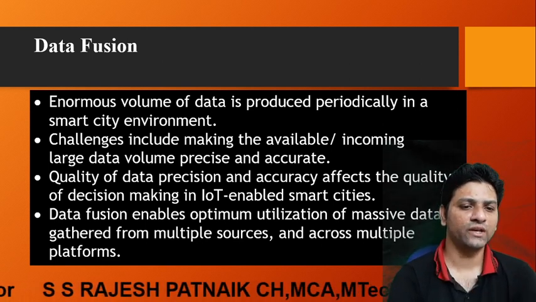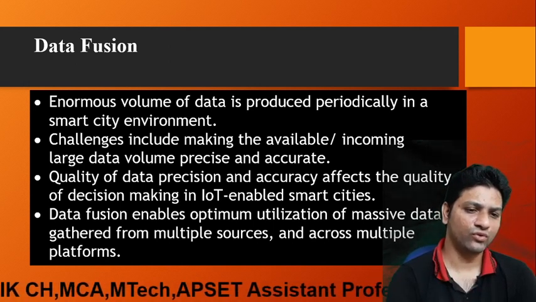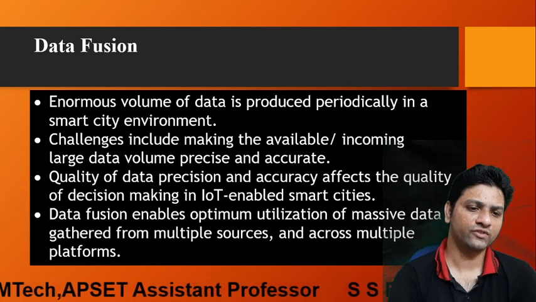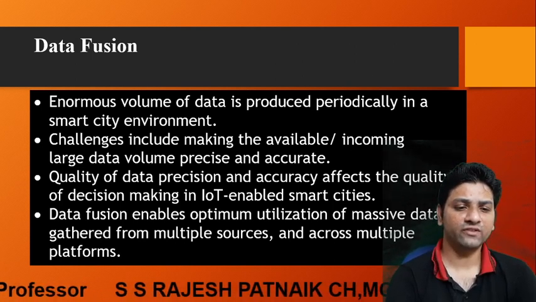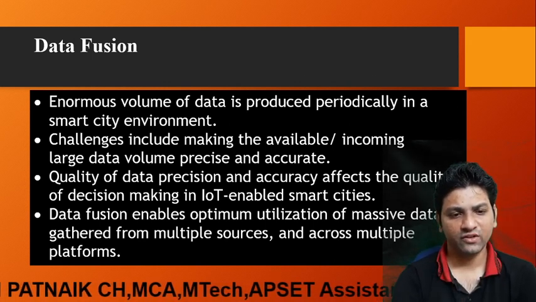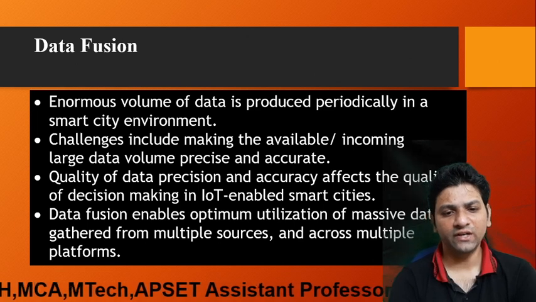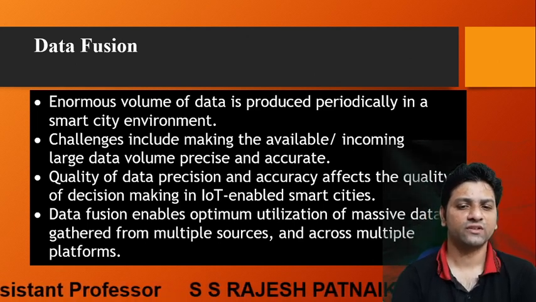We get the response and a huge amount of data is stored using different IoT devices. Quality of data, precision and accuracy affect the quality of decision making in IoT-enabled smart cities. That means the quality must be there in the data, precision and accuracy.